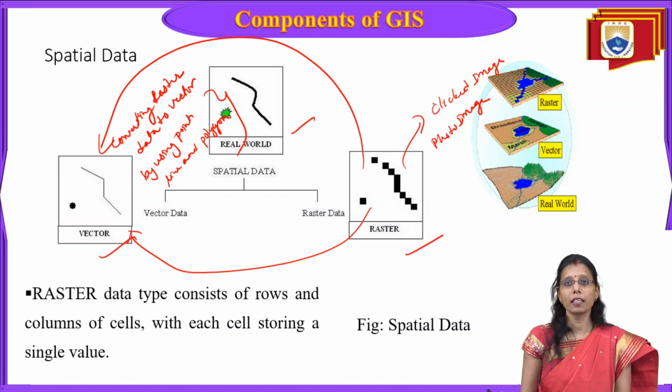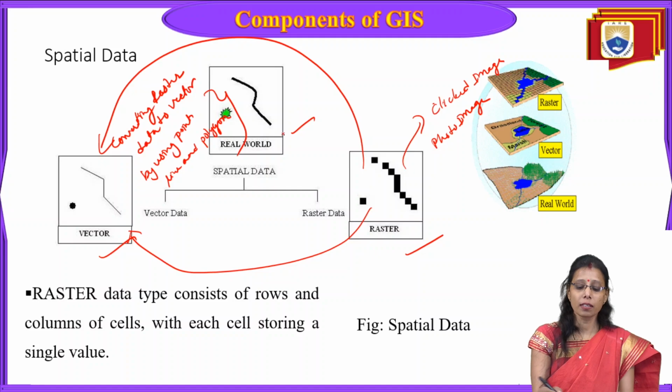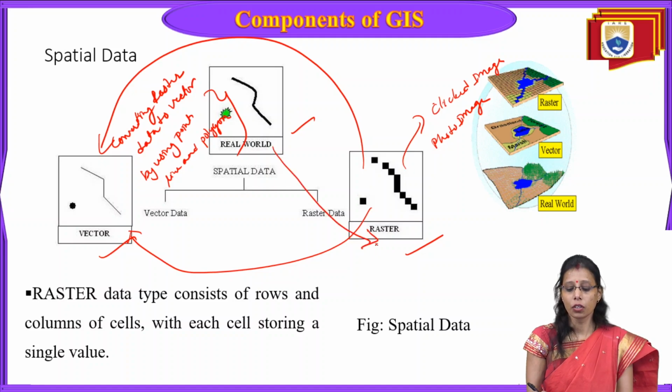Raster data is a representation of the real world. If you want to represent this real world in the form of raster, we just have to capture the image, and it will be represented in the form of grids. Each piece of information will be represented in the form of grids.